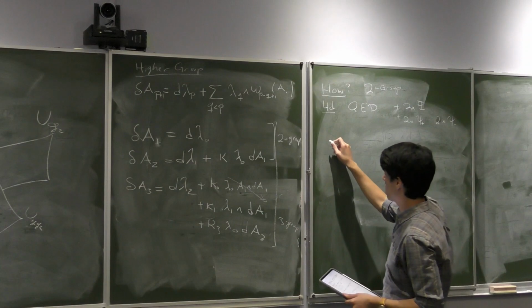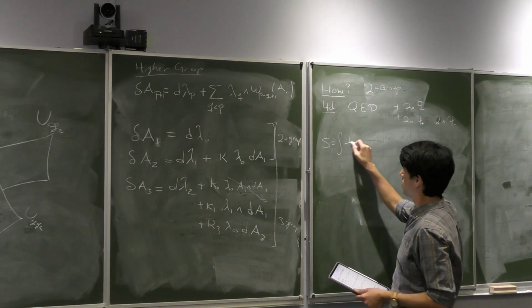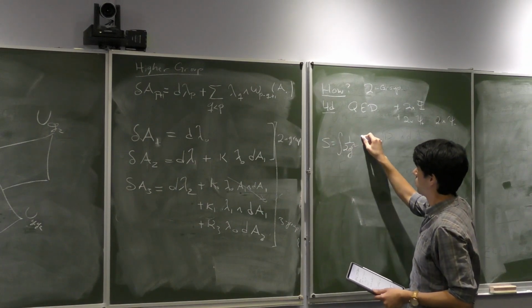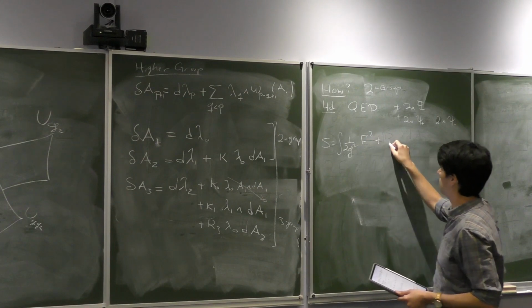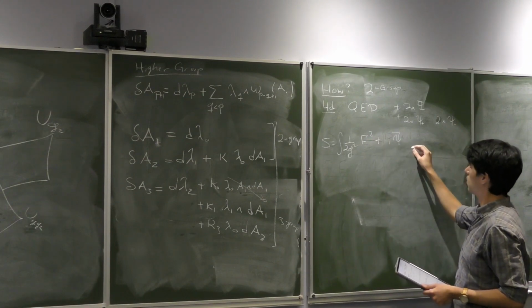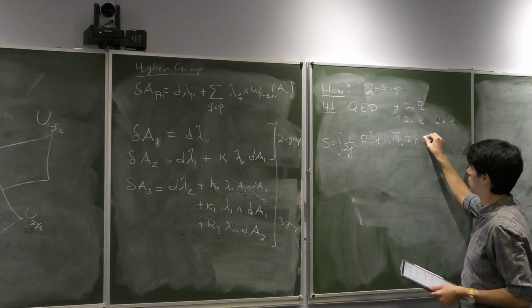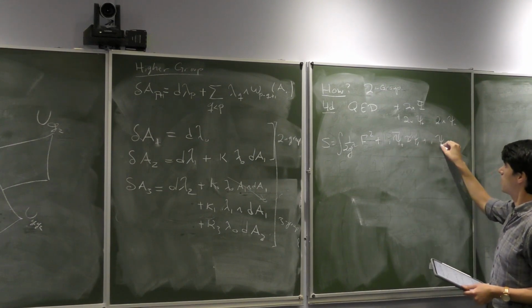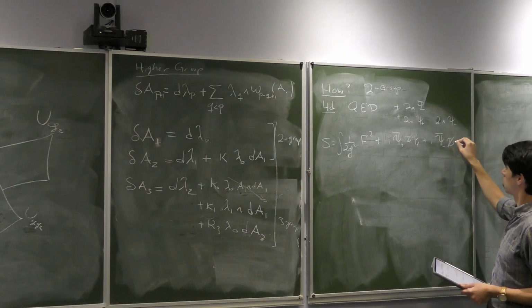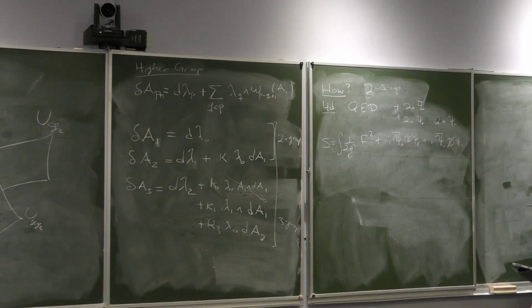I'm going to write the action as m squared psi bar psi plus, and then the psi minuses. So this is your action, it's just normal QED.